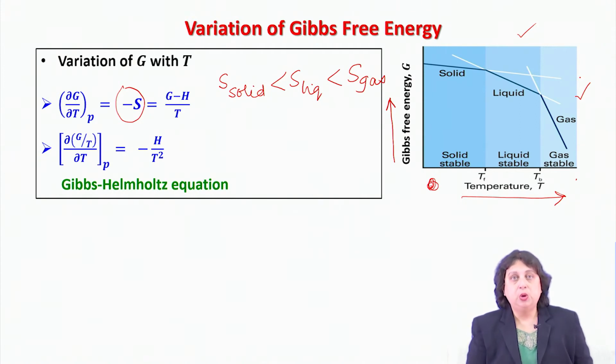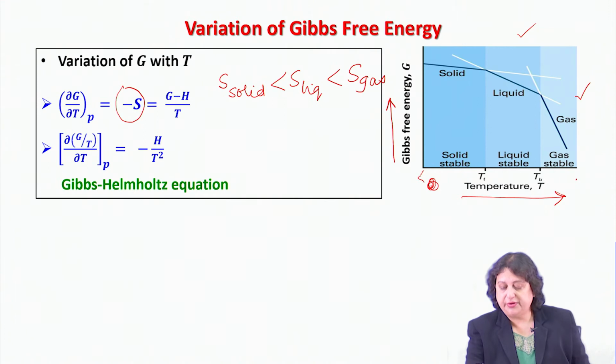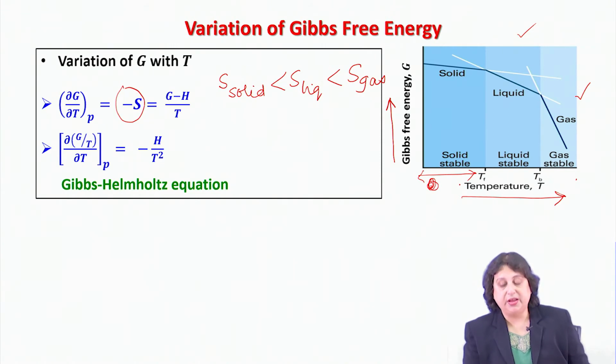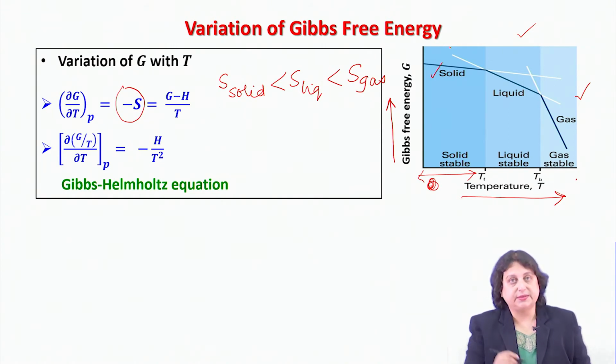Now, if I look at the low temperature range up to the melting temperature, what do I get? I find that the substance has the lowest Gibbs free energy in its solid state.